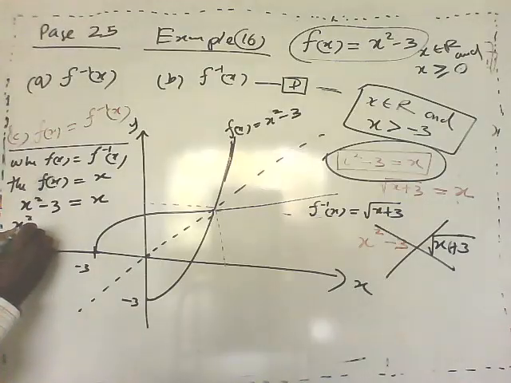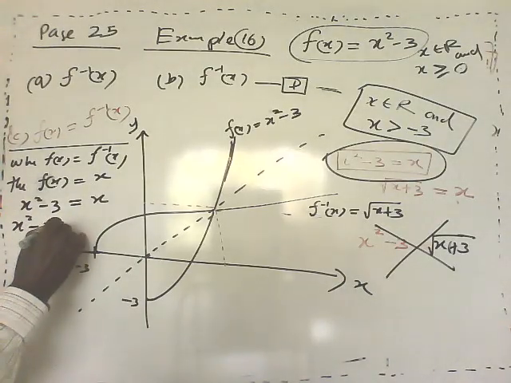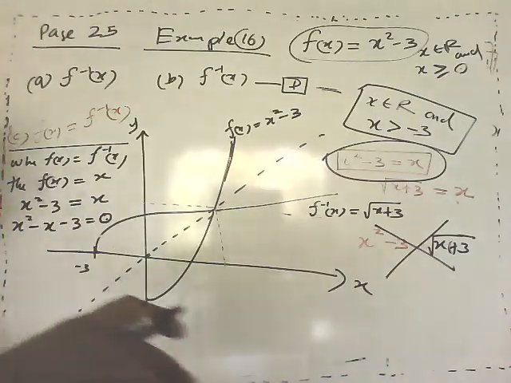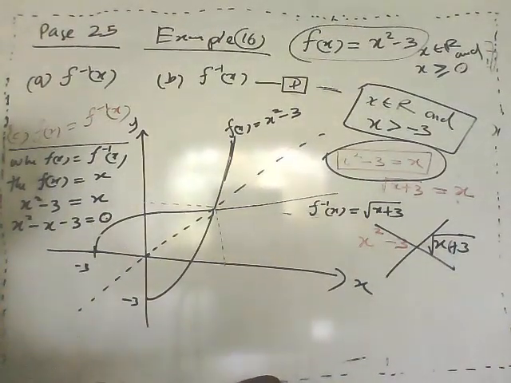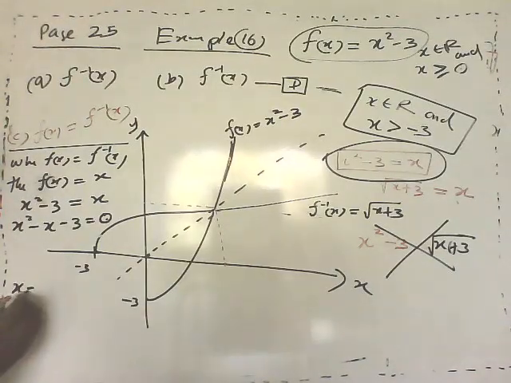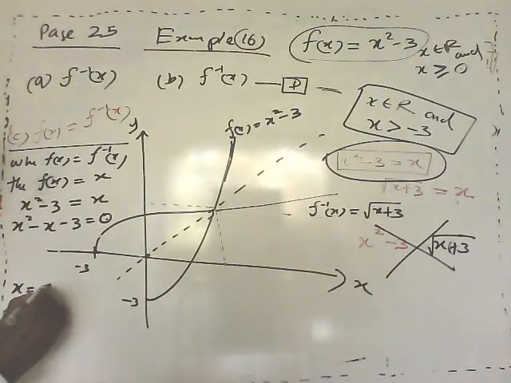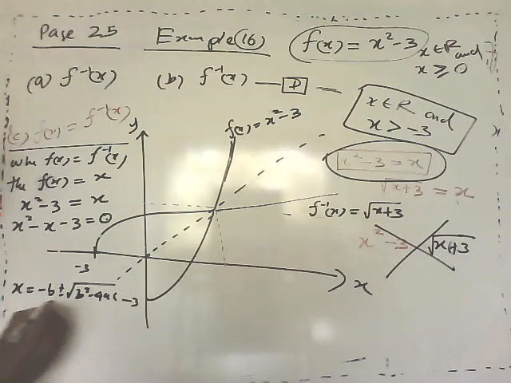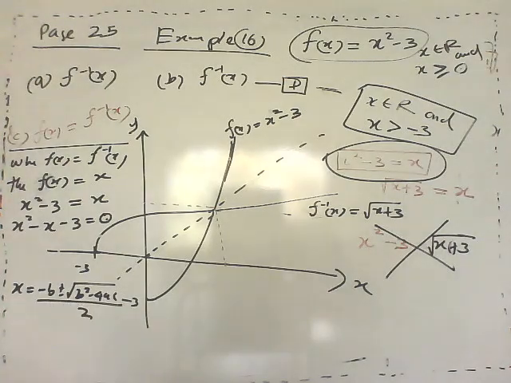Then x squared minus x minus 3 is going to be 0. Then x is equal to, we will put minus b plus or minus the square root of b squared minus 4ac, all over 2a.